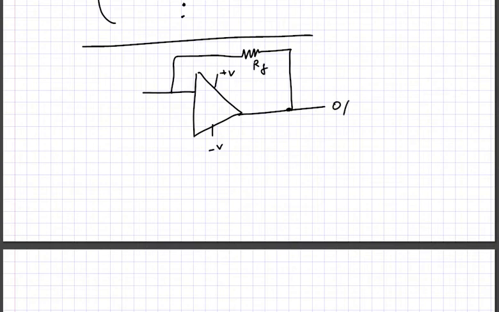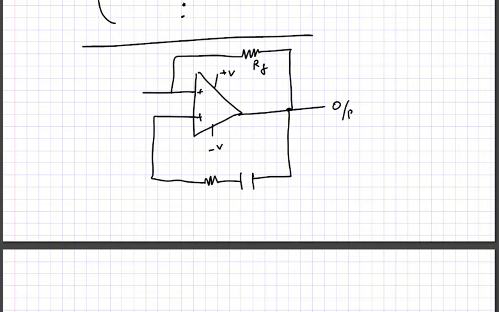And then output, and then you need another capacitor and resistor circuit towards the positive, non-inverting input, and then here you have a resistor and a capacitor, and then they are connected to the ground.